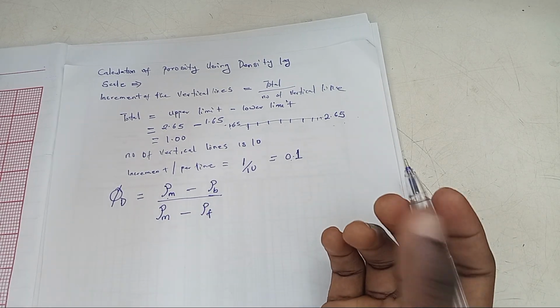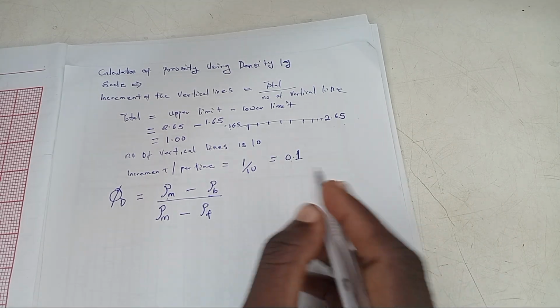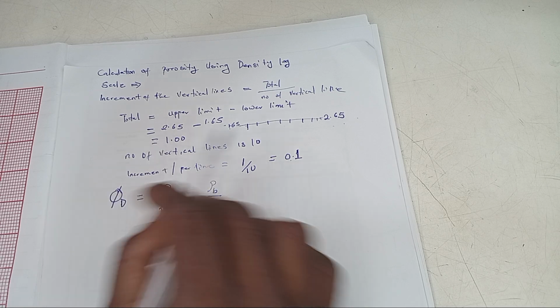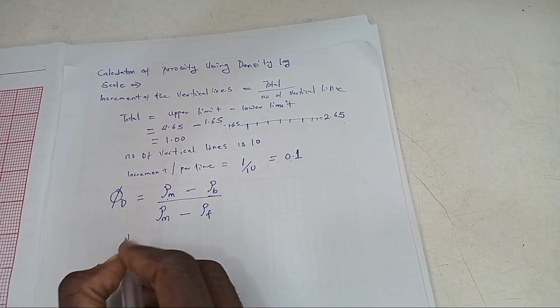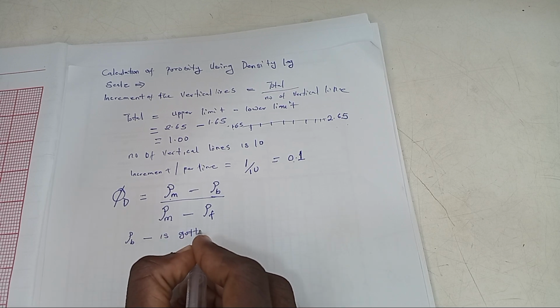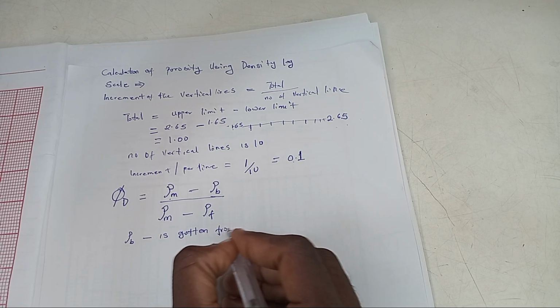Can you see that? On our density log, you cannot get porosity directly. What you get is your bulk density. Bulk density is gotten from the log.